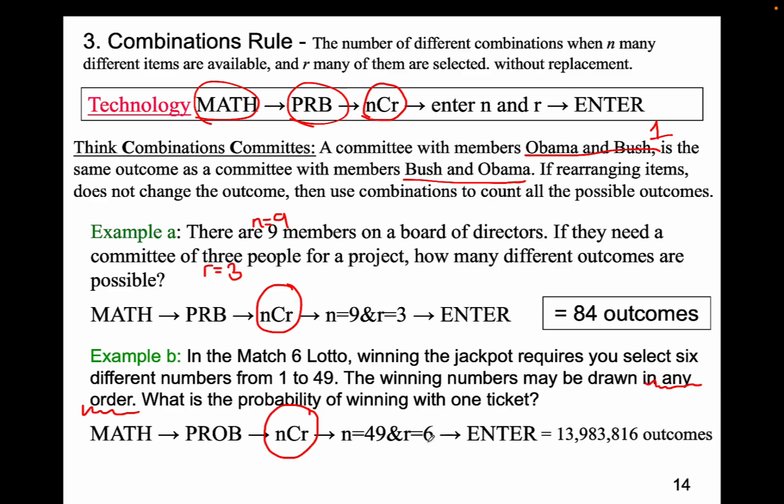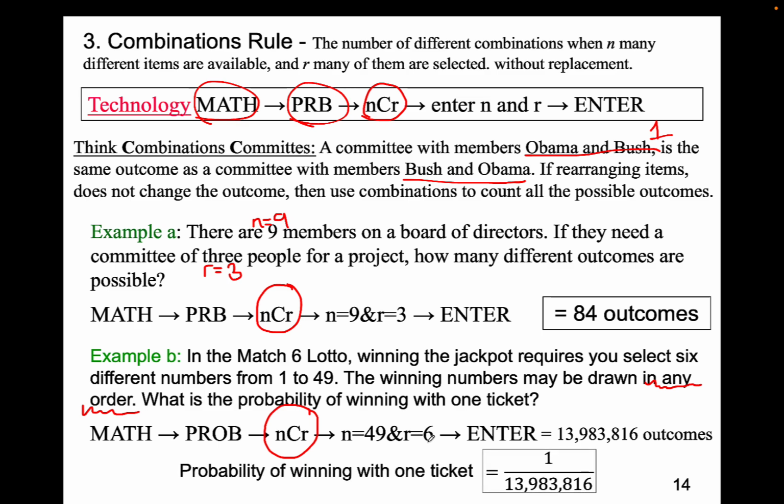Run it, and you'll find that there are 13,983,816 outcomes for that lotto ticket that you could buy. So your probability of guessing correct first try, 1 out of almost 14 million.